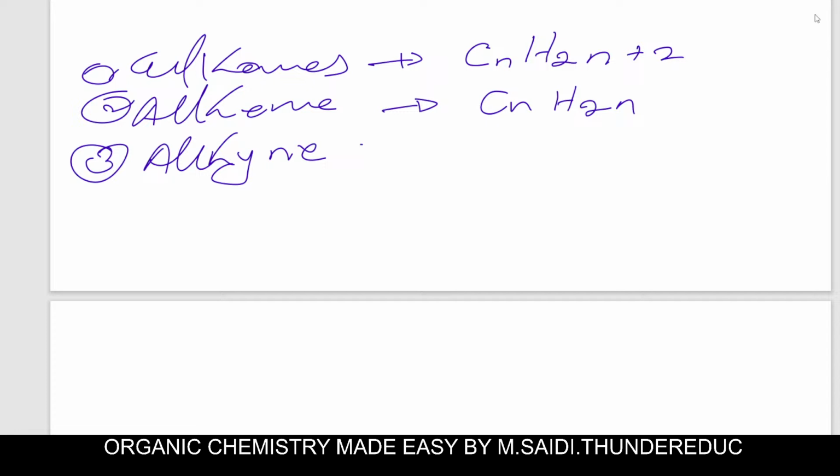Because now alkene, we said that alkanes have 2 extra hydrogen atoms, then it means that alkenes, because they have a double bond, remember one bond will take 2 hydrogens, for example. So it has a double bond, so one part broke. So there was a hydrogen which made this one saturated.